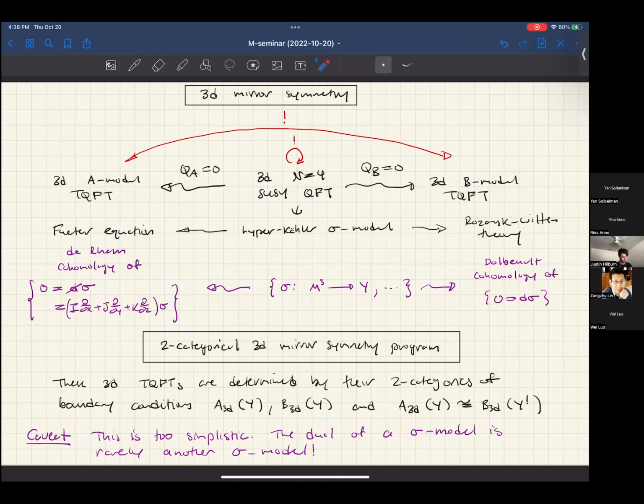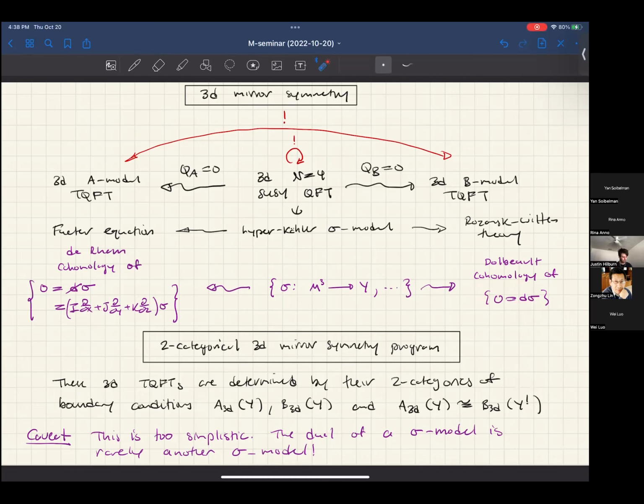Yeah, absolutely. But I'm not going to do that today. But okay, that's the dream. Okay. Yeah. So anyway, when you add the symmetry, this is the analog of a Landau-Ginzburg model.